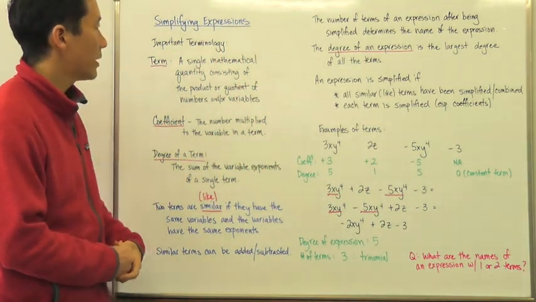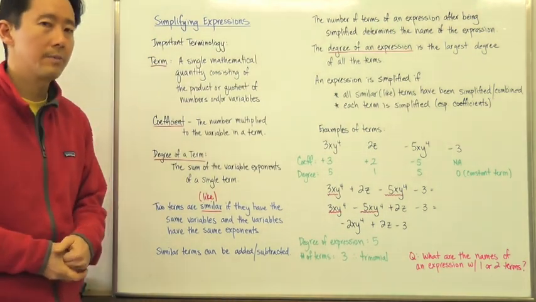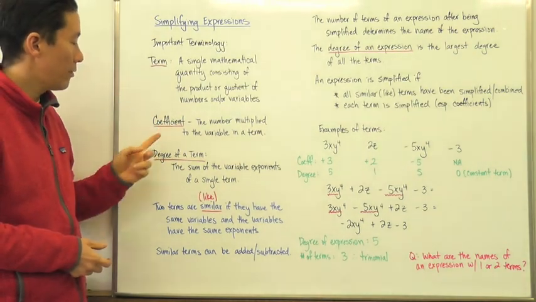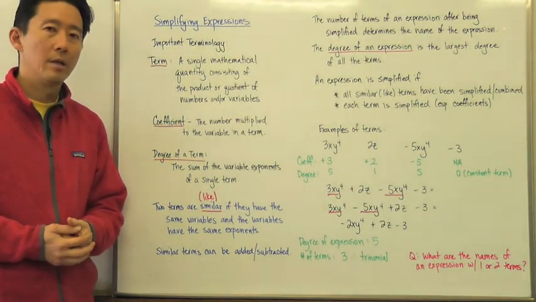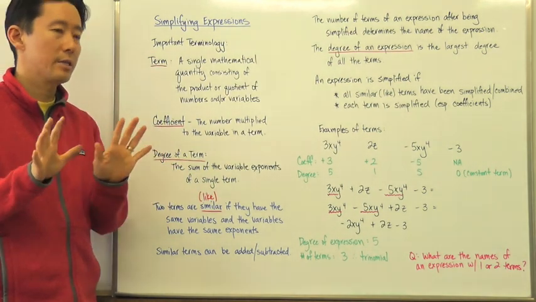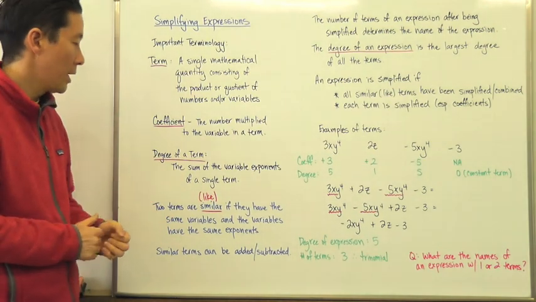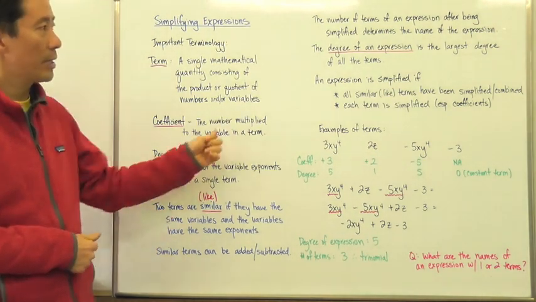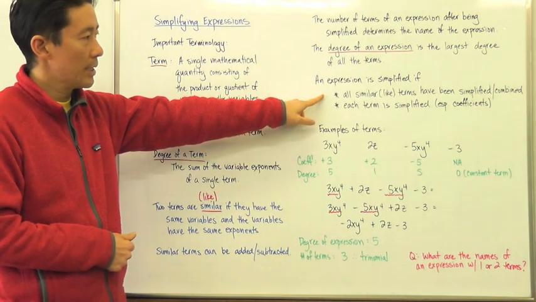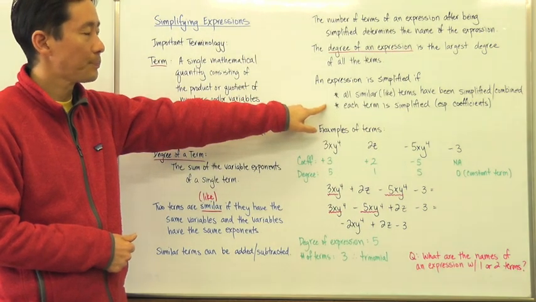Okay, let's go ahead and wrap up. Remember, when we talked about simplifying expressions, there's some important terminology to remember: a term, the coefficient, and the degree of the term. Once you create an expression, which is composed of the addition or subtraction of terms, then we want to make sure that we can simplify the terms by making sure that all the similar like terms have been simplified or combined, and each term is simplified.